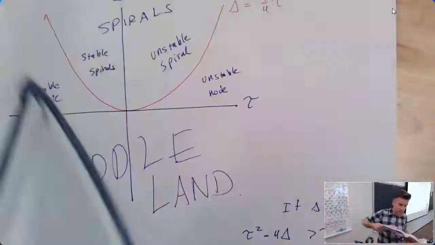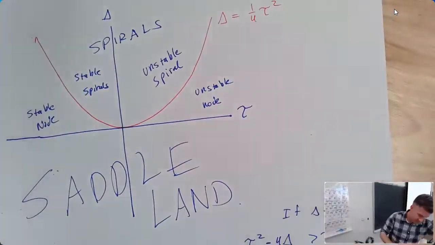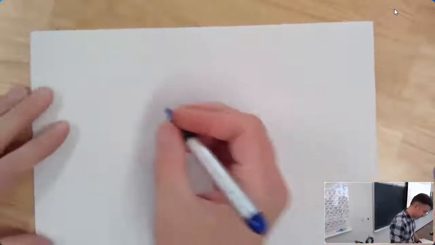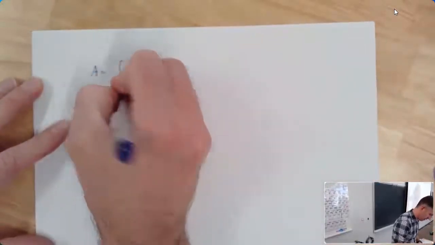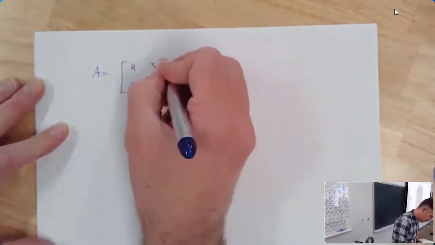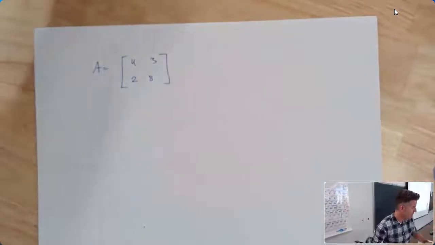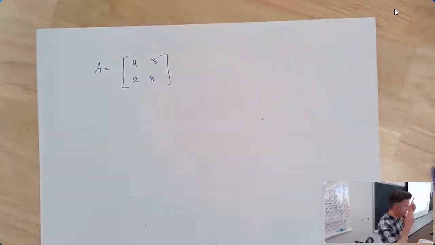Meaning, for example, if we had a matrix representing a system that looks something like, I'm going to make something up, hopefully it turns out neat, 4, 3, 2, 8. I could just find the determinant and the trace and then use that graph.